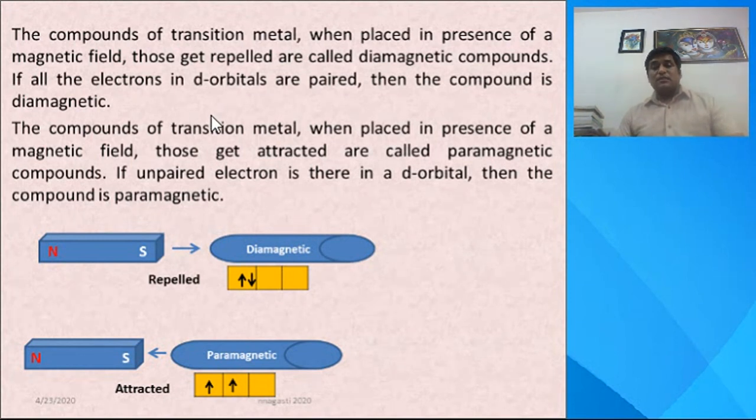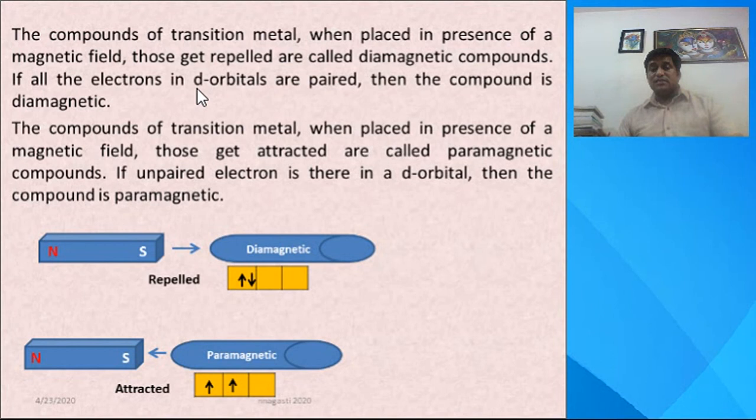Let us understand how to recognize the magnetic character of a transition metal compound based on the number of electrons in its d orbital. If all the electrons in d orbitals are in paired form, then the compound is going to be diamagnetic.